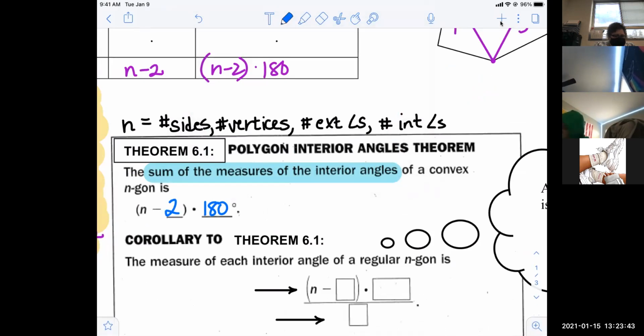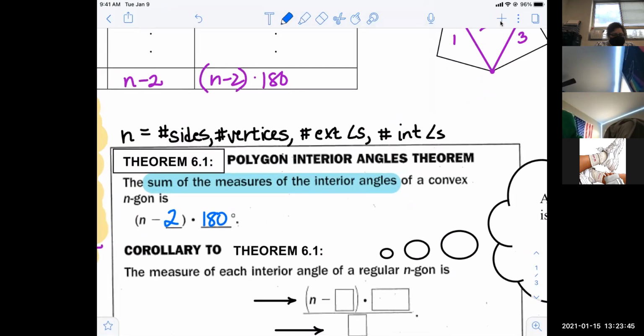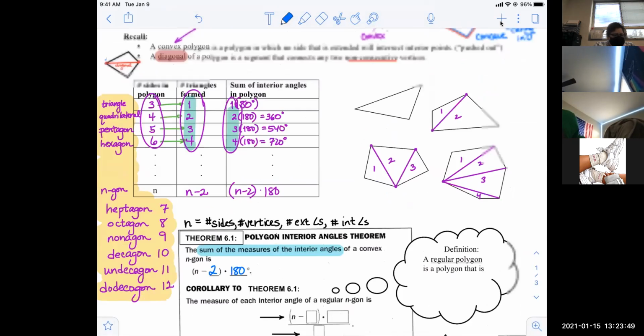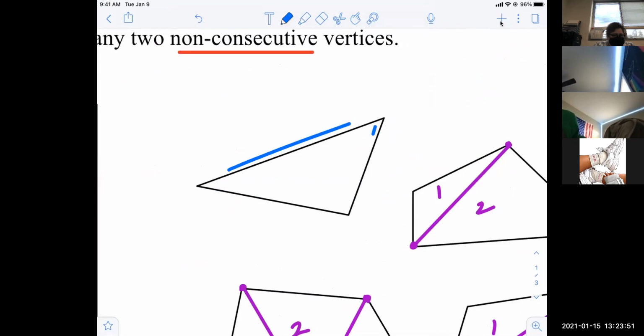N can refer to the number of sides or the number of vertices. If you think about a triangle, for example, a triangle has 3 sides. It also has 3 vertices. How many interior angles does a triangle have? 3, right? There's 3 angles on the inside.